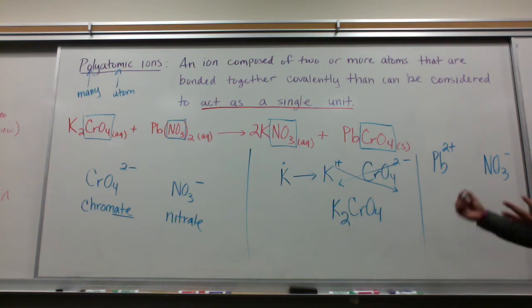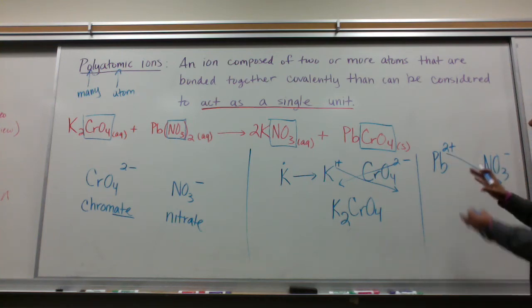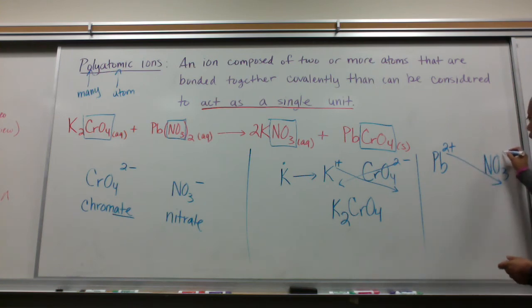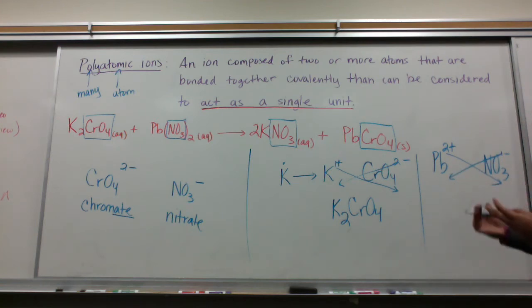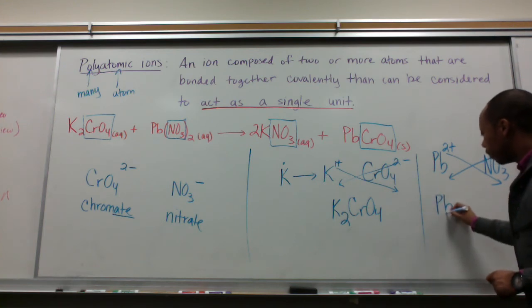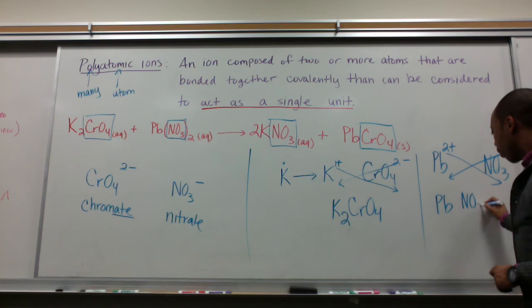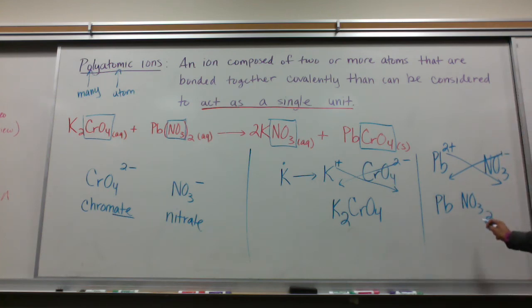Now I do the same crossover method. This 2 applies to my NO3 cluster, and this understood 1 here applies to my lead. So when I write the chemical formula, I write it as Pb(NO3)2. This is confusing looking.